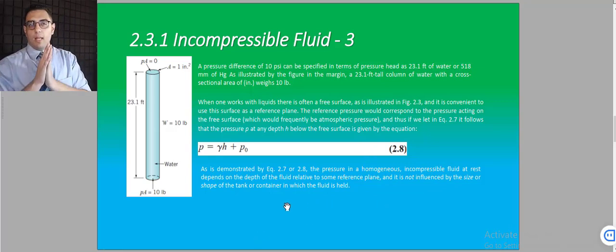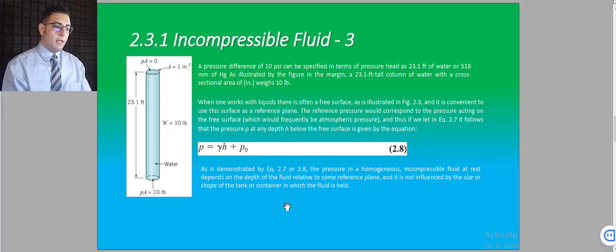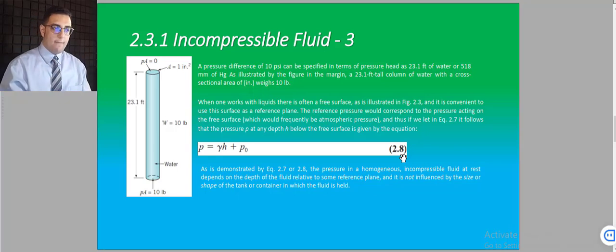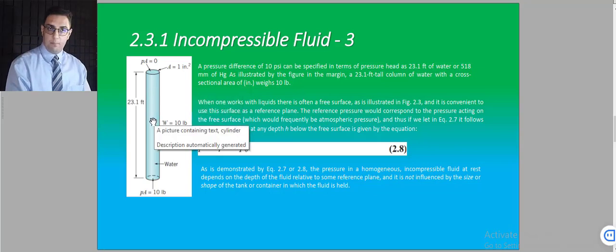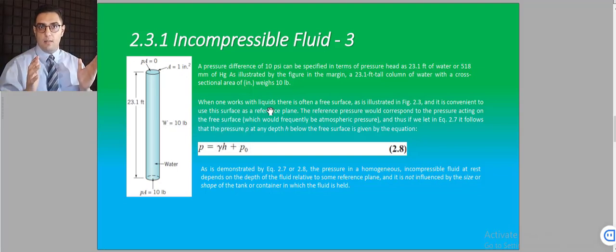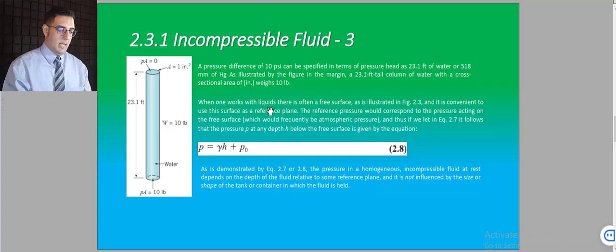So the other point of equation 2.8 is that as long as you have the height, the specific weight, and the reference pressure, it is not important to verify the shape or the size.